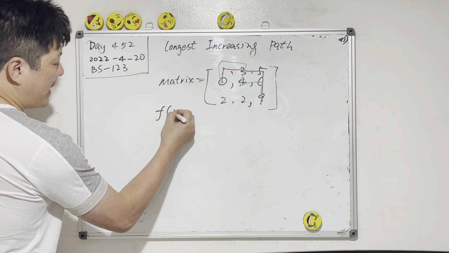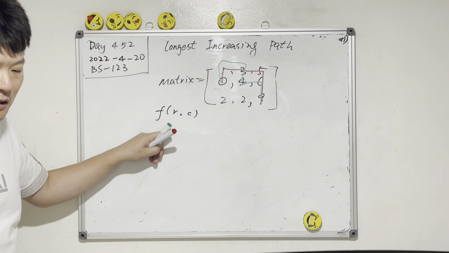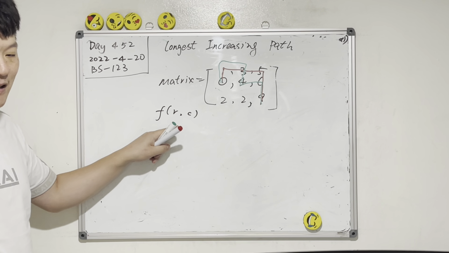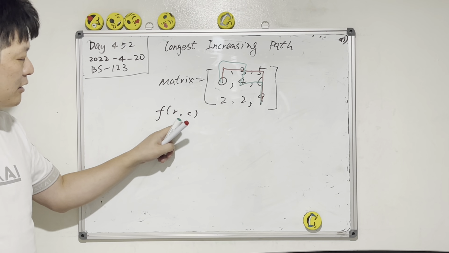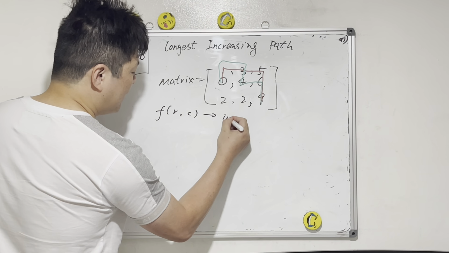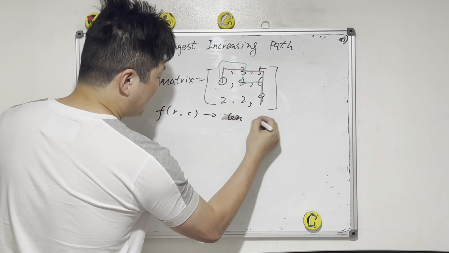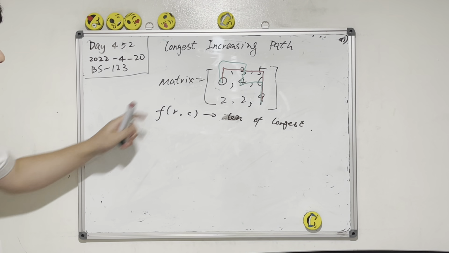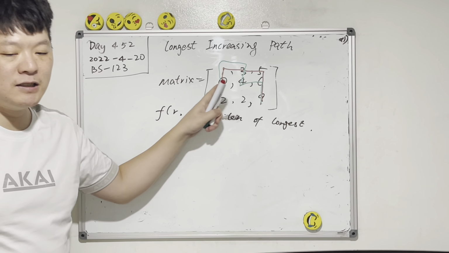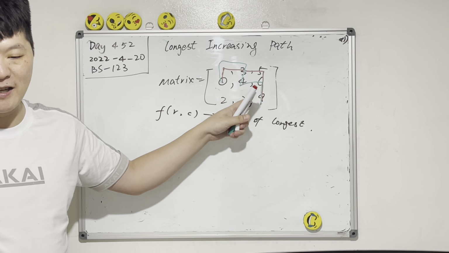Let's define f(r, c) as the longest path starting at pixel (r, c), the coordinate. This returns an integer telling the length of the longest path. Then we can go through these possible starting positions and calculate the maximum.